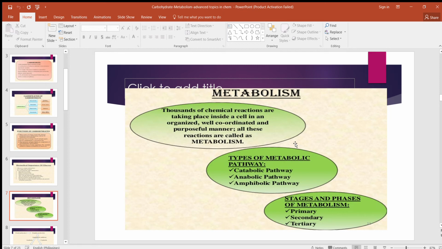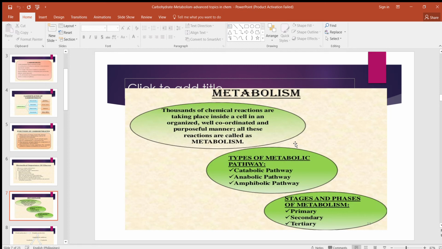Carbohydrate digestion begins in the mouth with the action of salivary amylase on starches and ends with monosaccharides being absorbed across the epithelium of the small intestine. Once the absorbed monosaccharides are transported to the tissues, the process of cellular respiration begins.